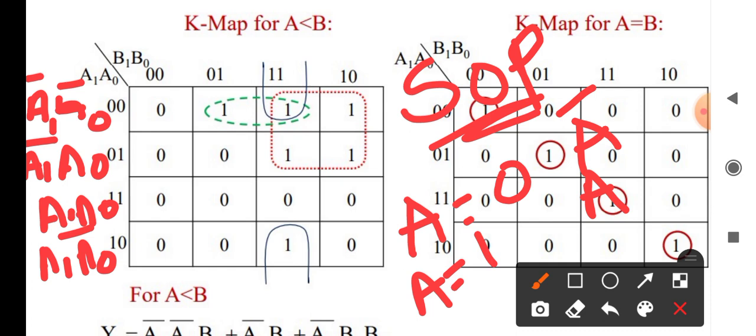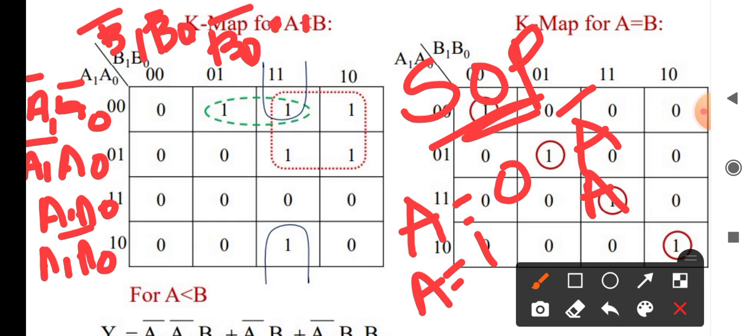Similarly, B1 B0, B1 complement B0 complement, B1 B0 complement, B1 complement B0. So like that. So you can see here A1, and the A complement.